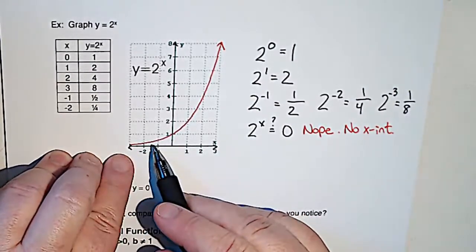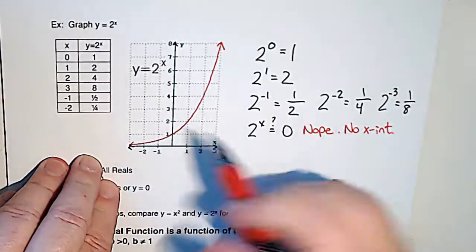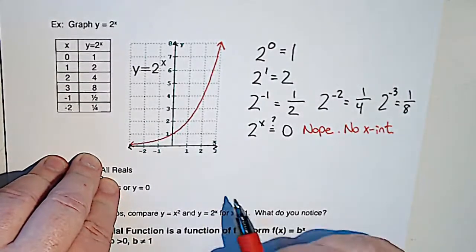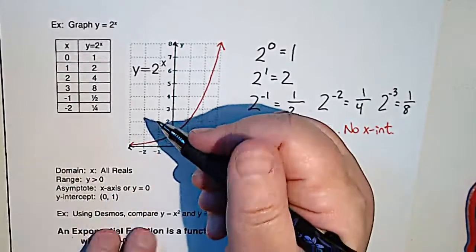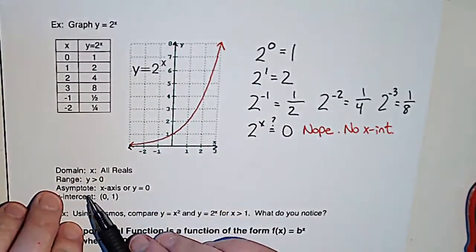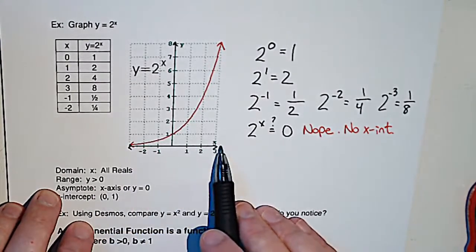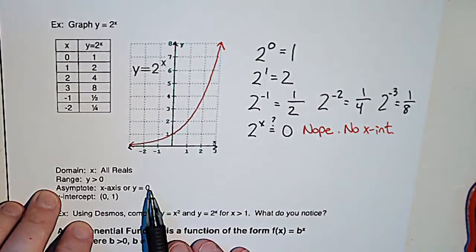What happens here is that the y values get closer and closer to y equals 0, but they never touch. There's something called an asymptote. The asymptote is the x-axis, or y equals 0, same thing.